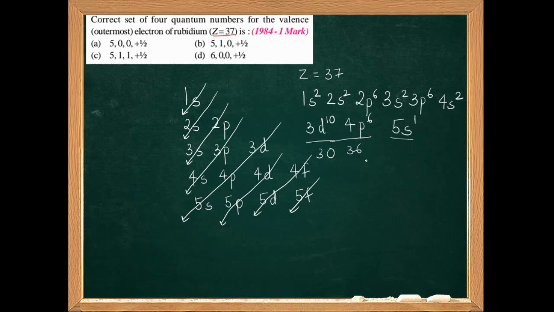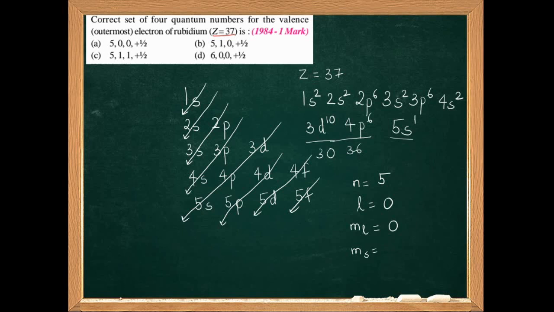Okay. So if I want to find the quantum numbers, we are asked for the outermost electron. So n will be equal to 5. Then for s, the value of l is 0. Then the next thing that is asked is the value of ml. The value of ml for l equal to 0 is also 0. And the value of spin can be plus half or minus half.